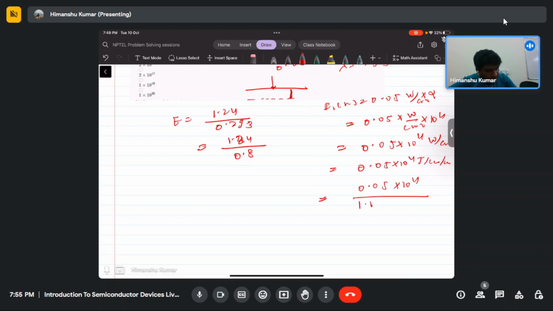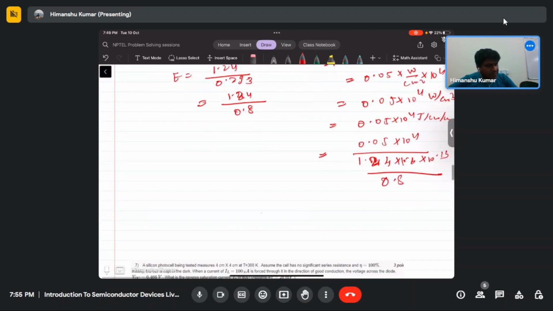So this is 1.24 multiplied by 1.6 into 10 power minus 19 divided by 0.8. If you simplify this, that many photons will get generated. If your efficiency is 100%, then the same number of electrons will get generated.